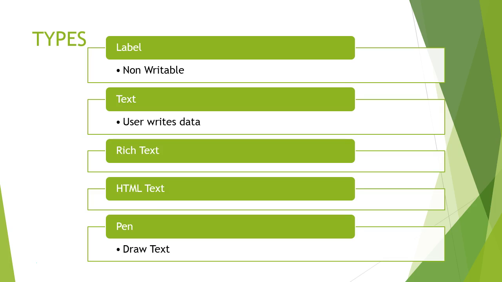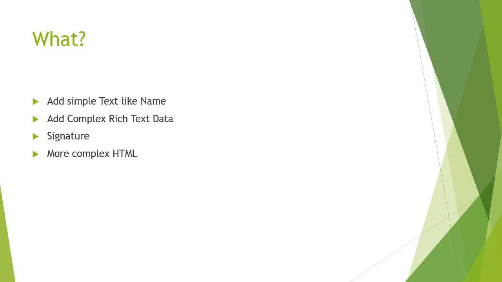If you want the user to make the text bold and have some extra features, we have the rich text control. If you want to show some HTML data, we can use the HTML text control. Finally, we have a nice pen input control, where you can draw the text and the data is saved in an image format.